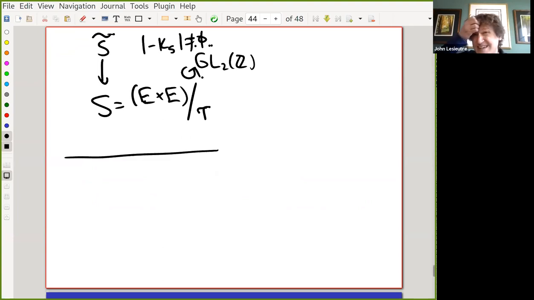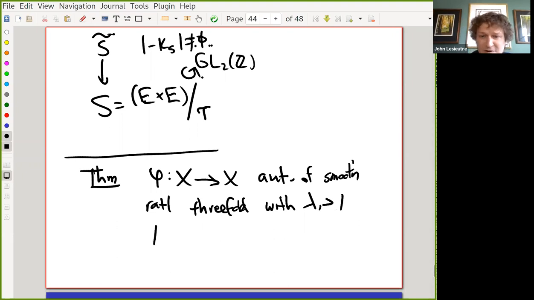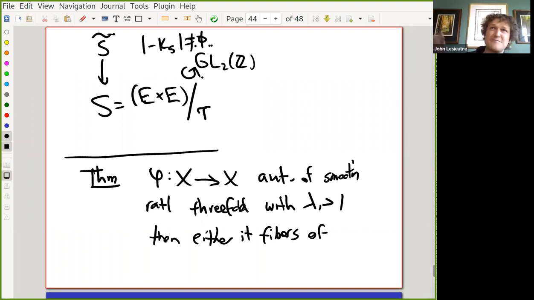I actually proved a couple of years ago that if you have an automorphism of a smooth rational threefold that has positive entropy, so the pullback map has an eigenvalue bigger than 1, then either it fibers over a surface, meaning that the threefold map commutes with a surface map. So you could take the map I just gave you and cross it with P1, and there's an automorphism of a rational threefold with no invariant divisors.